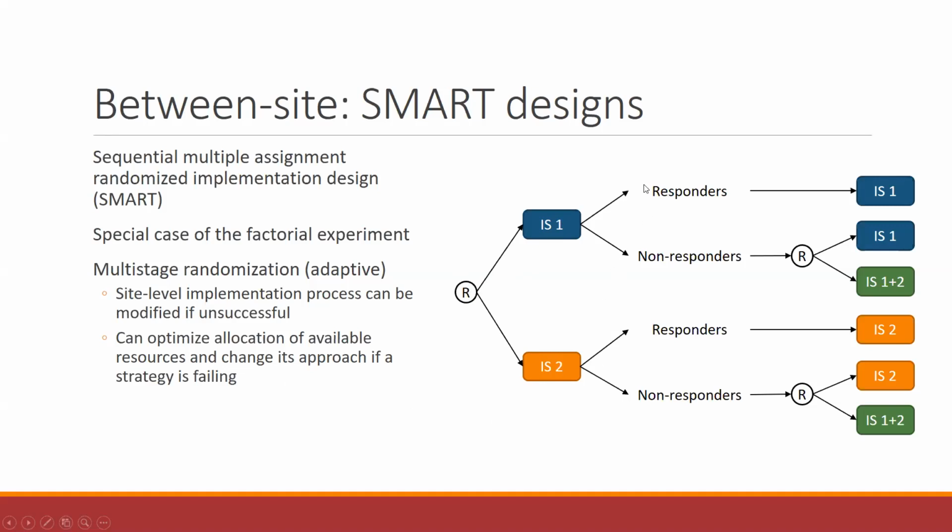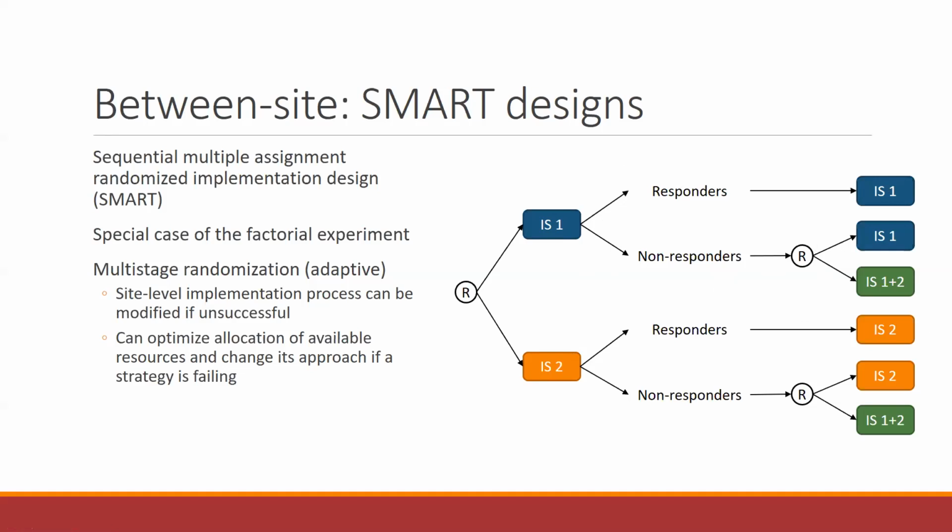If they respond, that's great. That means that implementation strategy is a benefit to that group, and they can continue on. Same thing for each of the two implementation strategies on this screen. If they don't respond, you have the opportunity to randomize them to get something else.